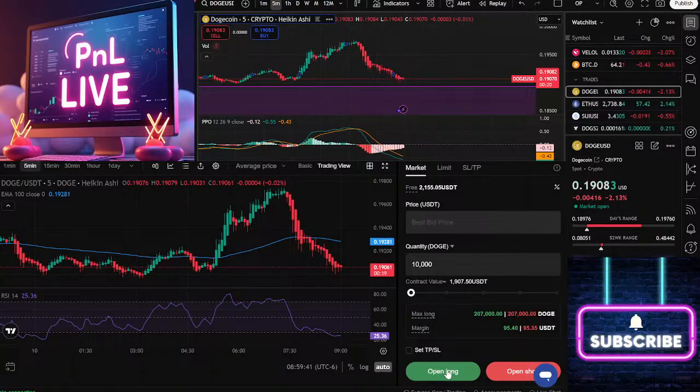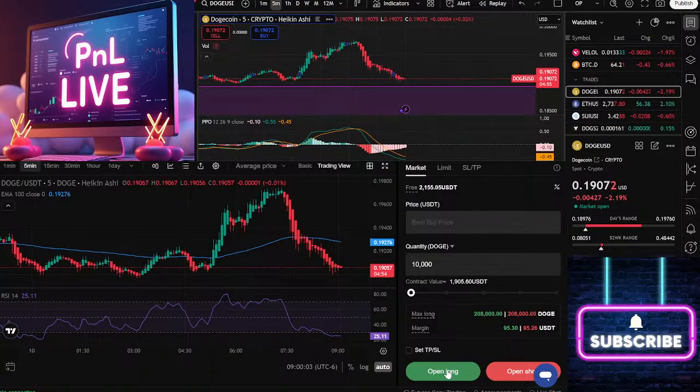You're trying to scrape between 3 and 4% if you can get 7 cents off of a $2 token, versus 0.01 divided by... oh no, it's a higher spread. Okay, so trading Doge, if I can scrape a penny off of 19 cents, that's around 5%.